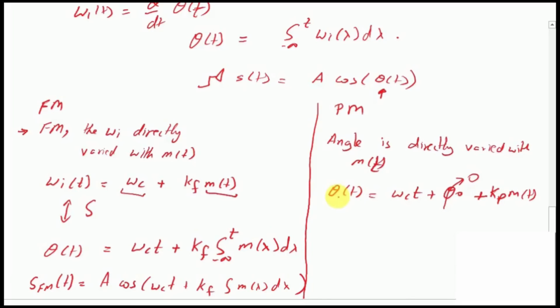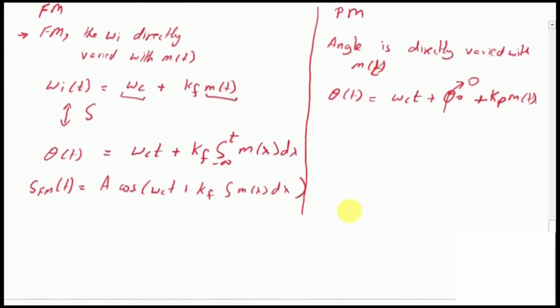So in short, when we're going to send a PM modulated signal, we would have a constant amplitude multiplied by cos of omega ct plus kp m of t, right? So this is the basic difference between the two.